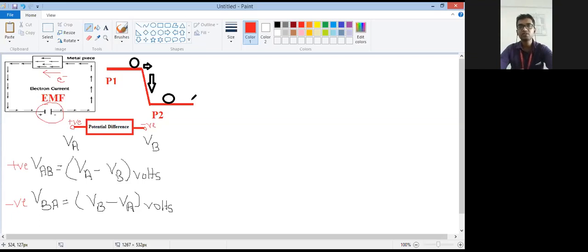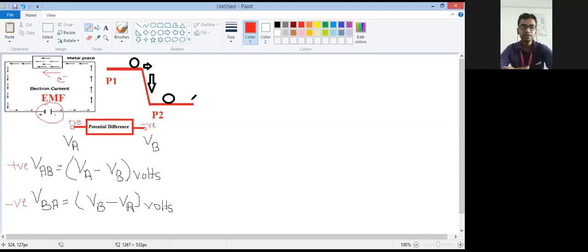The current is given by I equal to Q upon T, where I is current, Q is the charge carried by the electrons, and T is time. Within a certain period of time, how much charge you are carrying, that is the current.